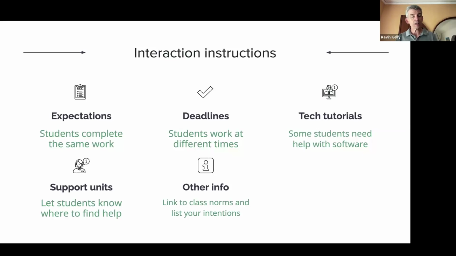And then when we talk about the expectations, again, I'll lean on that transparent assignment template, but are we providing deadlines that let students know, hey, you might be working at different times, but everybody has to turn this in by Thursday? Are there any tech tutorials that you can provide for students to be able to complete the activity if they don't know how to use the technology? Or are there people that they can talk to, a tutor or a writing guide or a librarian that they might need to interact with? And what other information do they need?